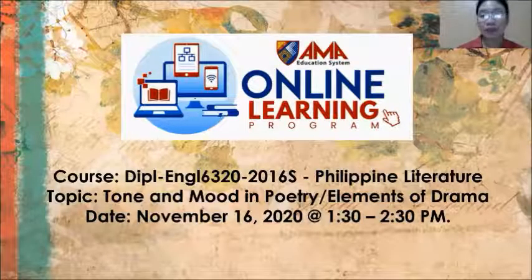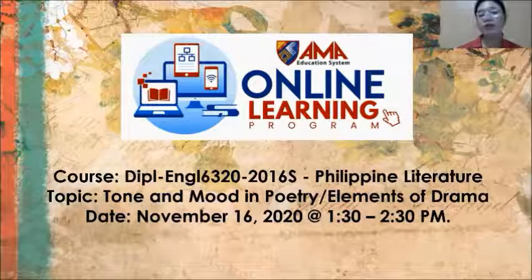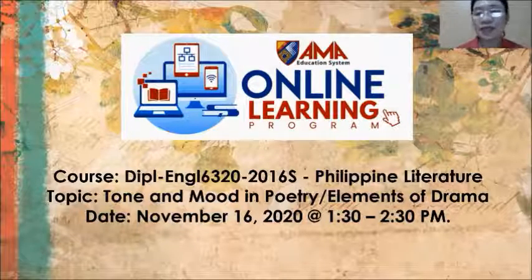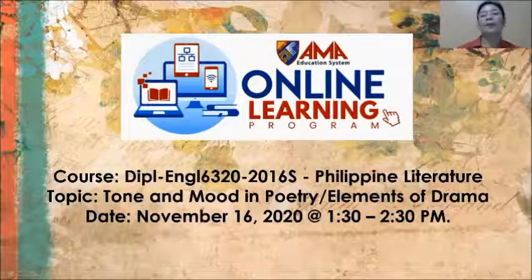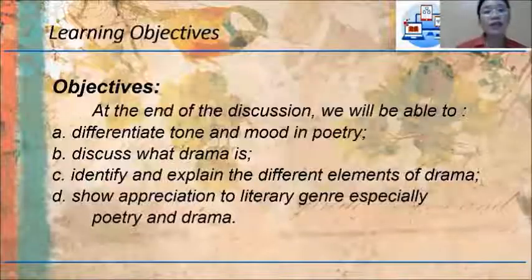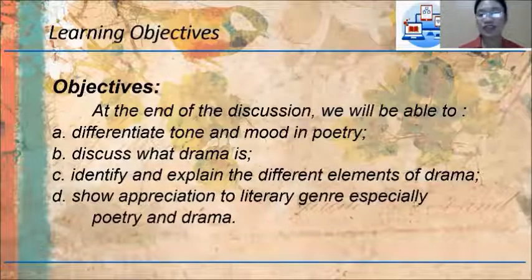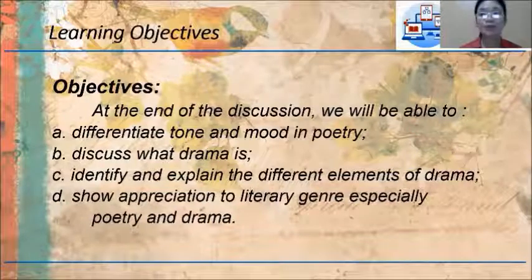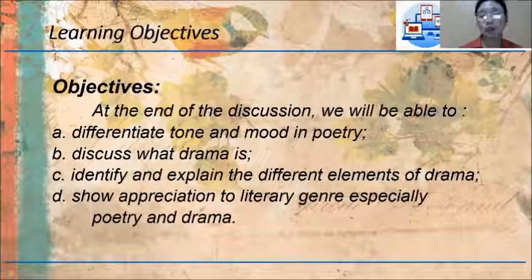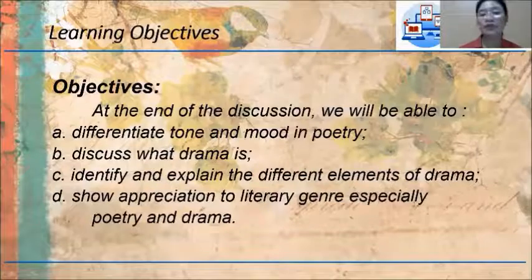And our topic for this afternoon, we have tone and mood in poetry and elements of drama. For our learning objectives, at the end of the discussion, we will be able to differentiate tone and mood in poetry.